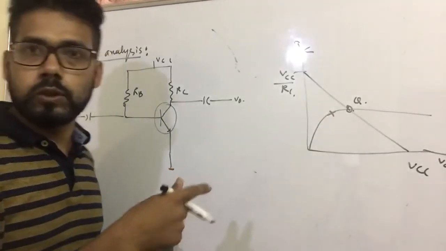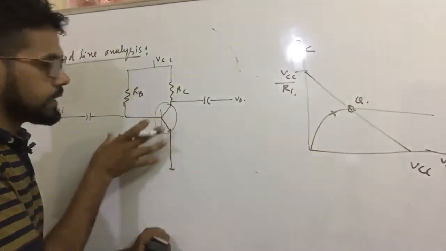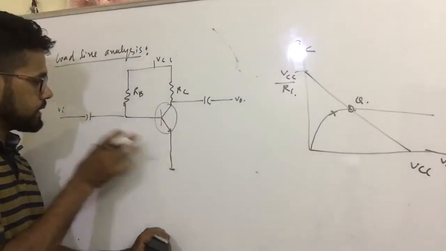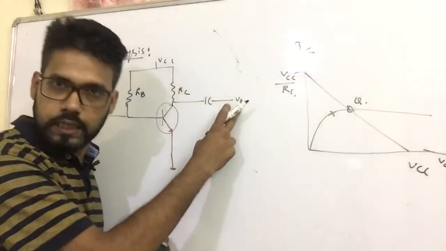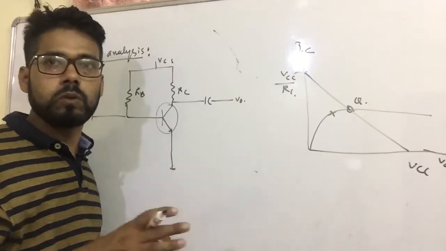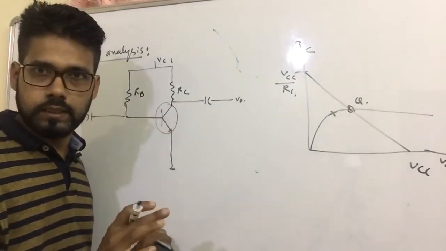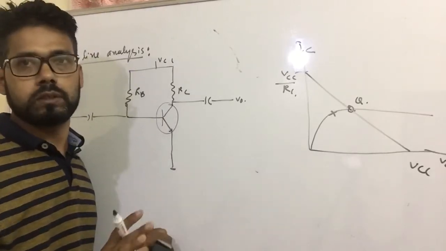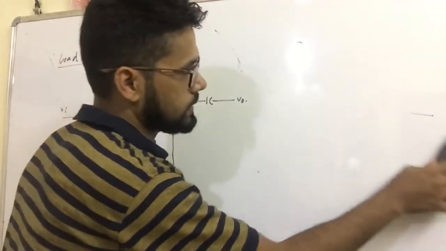Once we know this proper setting from the load line analysis, we use that setting in this circuit. After that, we apply the input signal and get the amplified output without distortion. Without distortion means without losing the generality of the signal, without losing any information. That is why load line analysis is essential.